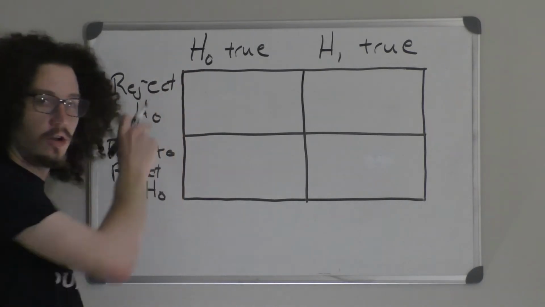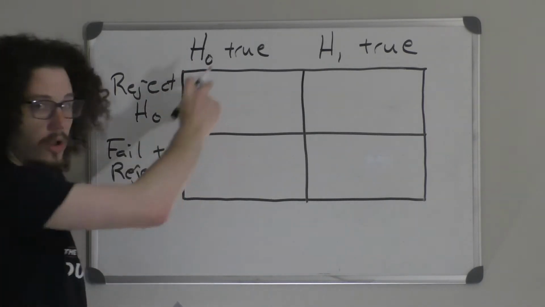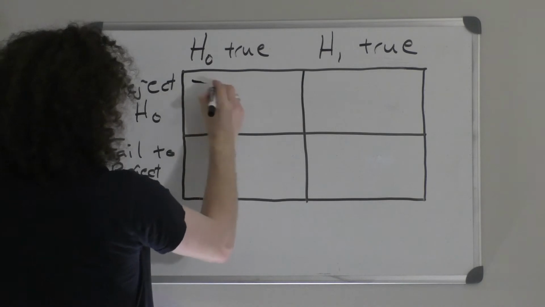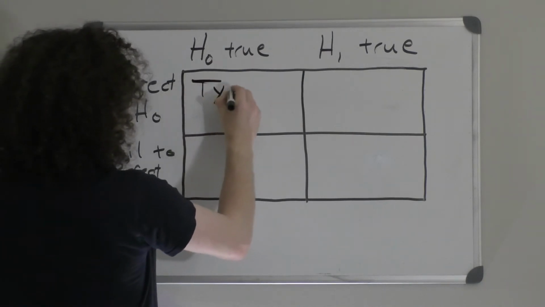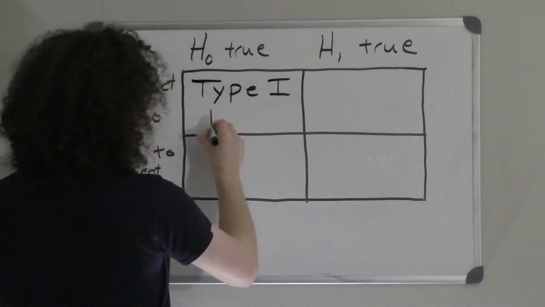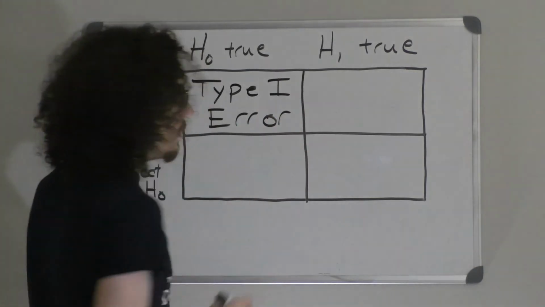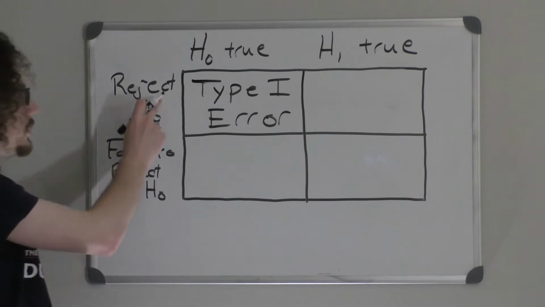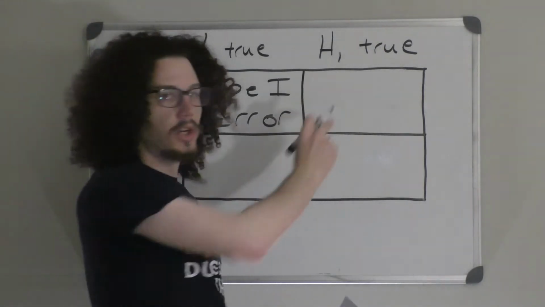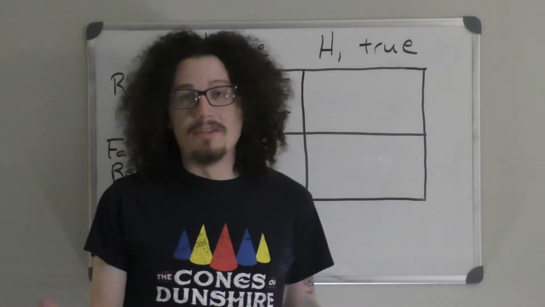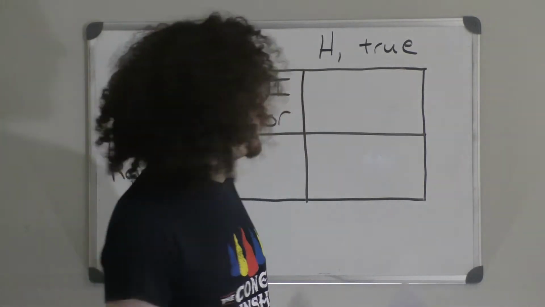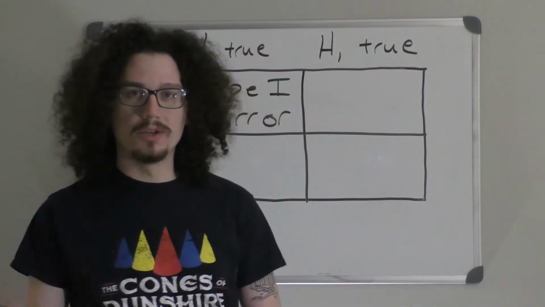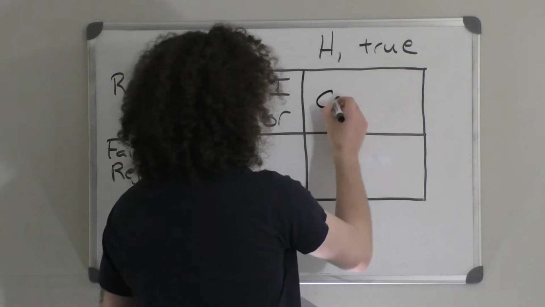So if we reject the null hypothesis when the null hypothesis is true, that is when we're going to make a type 1 error. If we reject the null hypothesis when the alternative is true, we haven't made an error. That's the correct decision. If the alternative is true, we want to reject the null hypothesis.